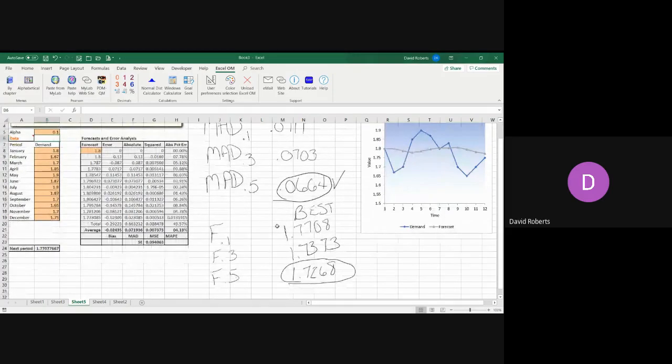And so I'm going to use an alpha of 0.5 if I'm given these three choices. And you will be given the alphas, so you just have to plug in the numbers and calculate, or it will calculate it for you, I should say. But you need to know what it represents.